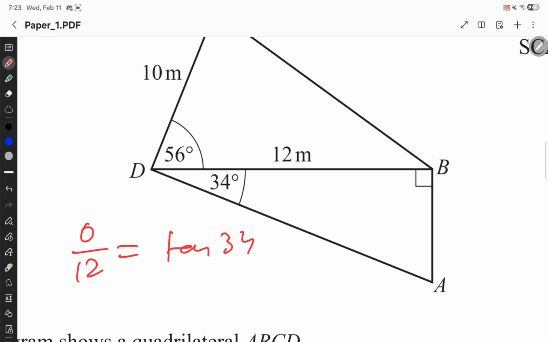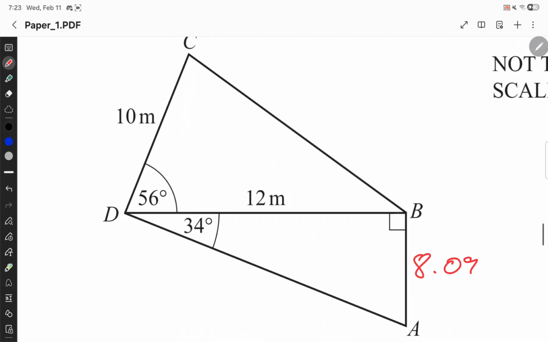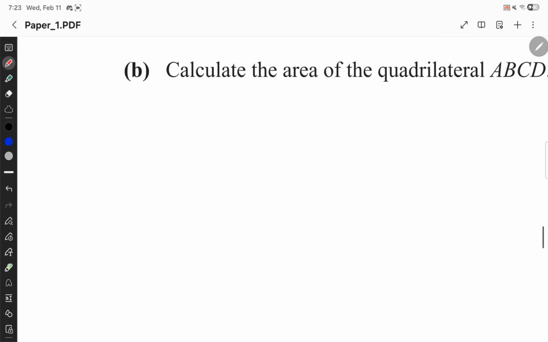So we multiply by 12 over here, and this is opposite, so this is 12 tangent of 34, which is 8.094. Okay, and let's do 3 significant figures because that's what they told me to.